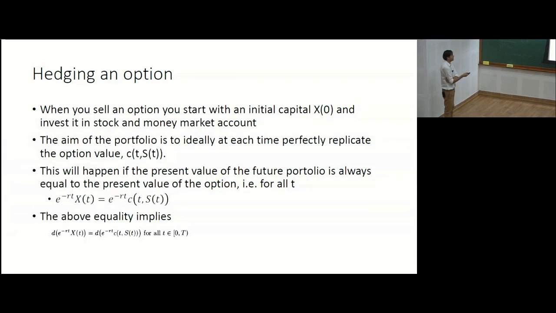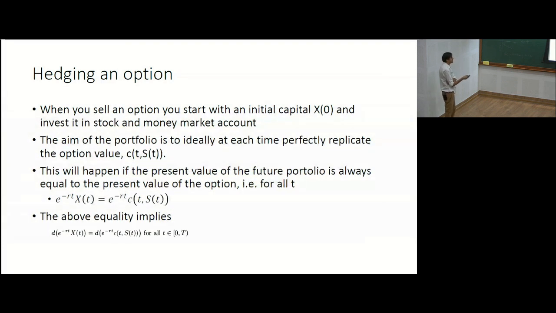And whatever initial amount that you get, you then use to set up your hedge portfolio, right? So X0 was the cash that you got, and now some of that cash you used to buy stocks, and the other bit of that cash you put in the bank account, right? So this corresponds to the portfolio that we were looking at.